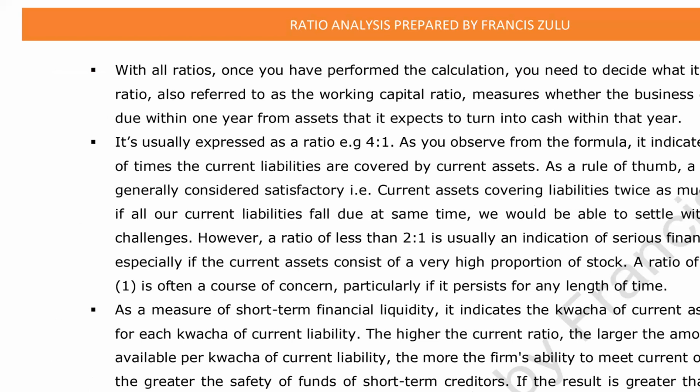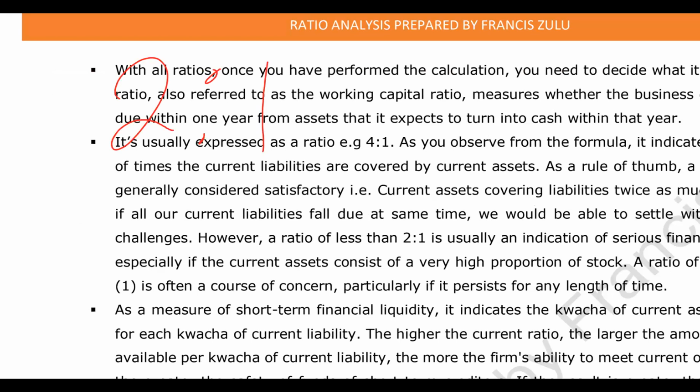Most of the time, it is very recommendable for a company to have a current ratio of 2 to 1. This simply means that when the current liabilities fall due, even 2 times, we have the capacity to pay for them.